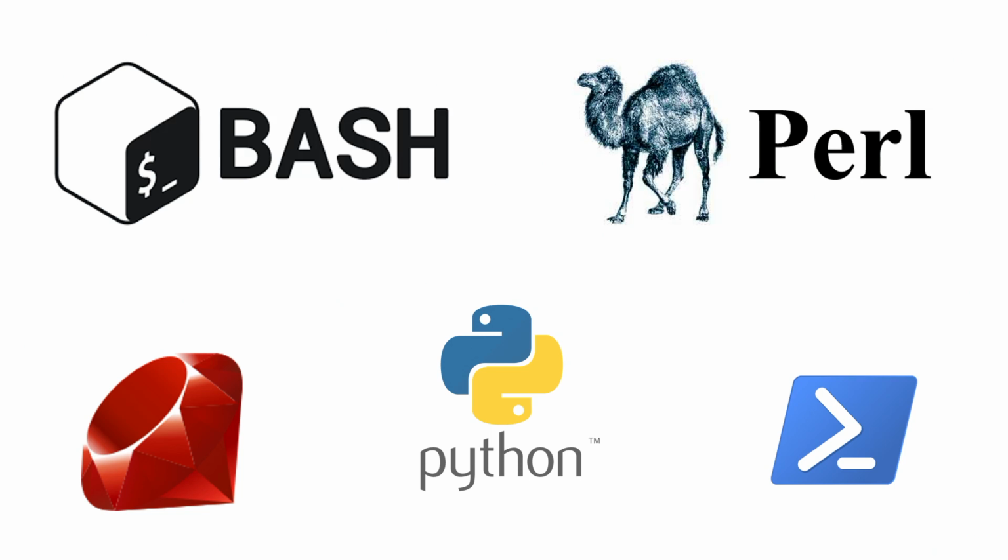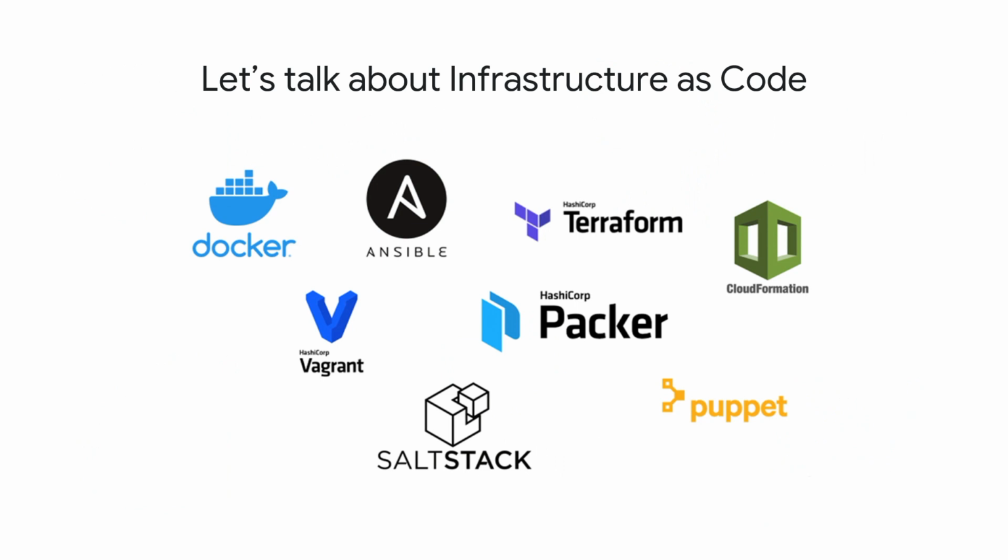These scripts have now evolved into something that we call infrastructure as code. Using infrastructure as code, we can take care of any infrastructure component. These can be databases, networks, storage space, or we can even configure applications.